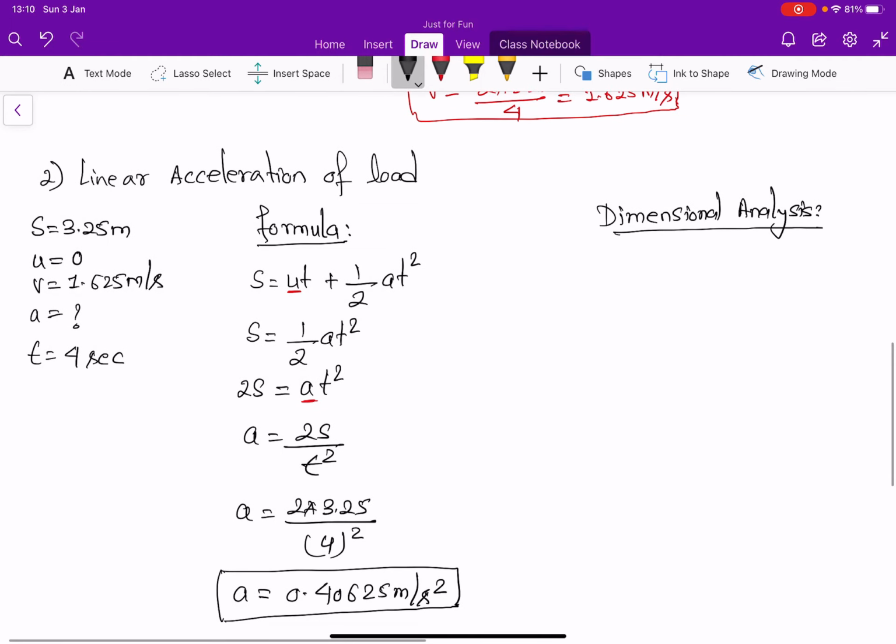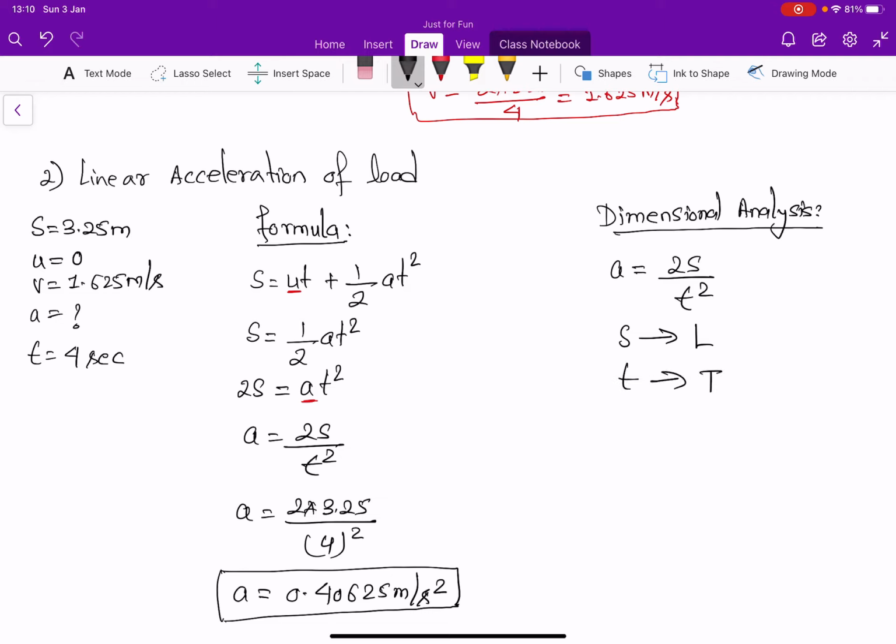Now, what to do with the dimension? Same approach. However, we need to change our relationship into the fundamental dimensions. We use the same relationship, a equals 2s divided by t squared. Here s is our length and t is our time.